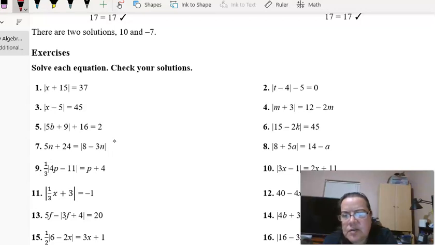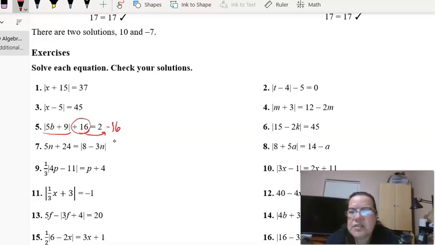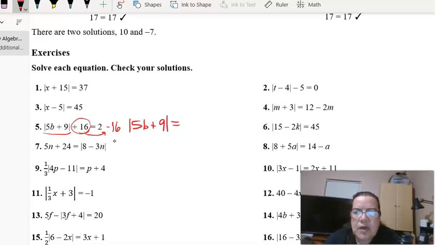So in this particular case, first I want the absolute value here by itself. So I'm going to move this guy over here. If it was positive 16 on this side, it becomes -16, or just subtract 16 from both sides. So I should end up with the absolute value of 5b plus 9 equal to 2 minus 16, so that would be -14.